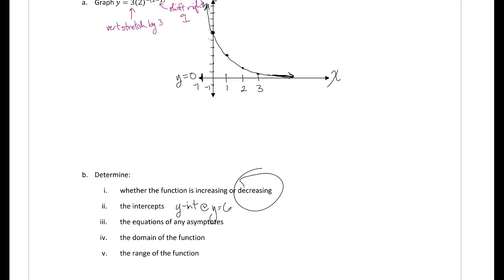The equations of any asymptotes. We've got our horizontal asymptote at 0. I've got that labeled on my graph, double check. Still allowed to put in anything in my exponent though. And my range, because I'm back up above my x-axis again, it starts at 0 and extends upward.